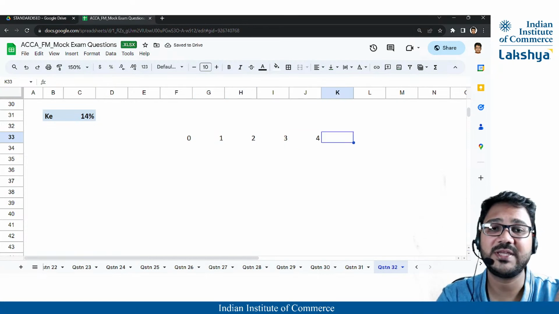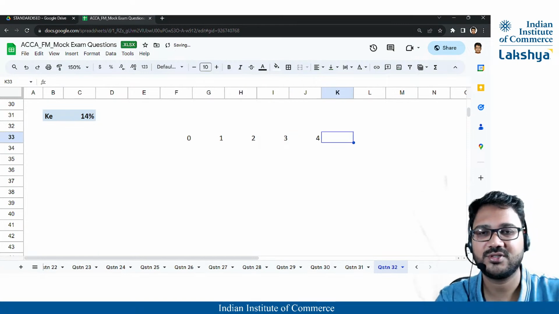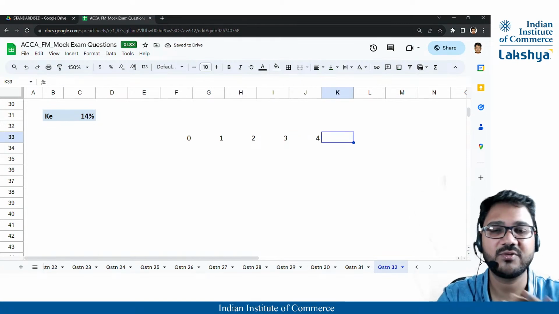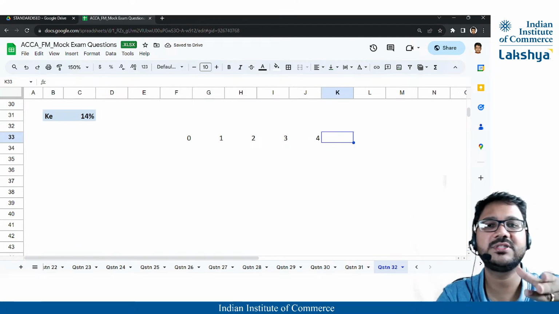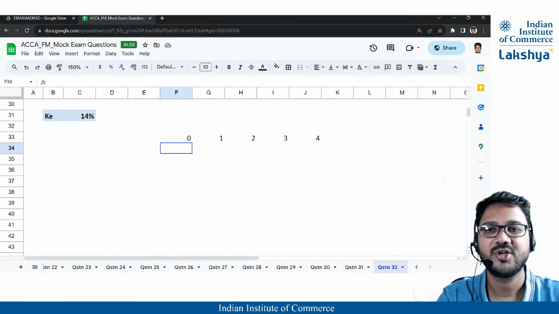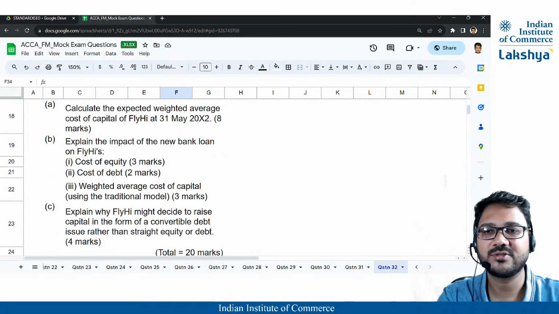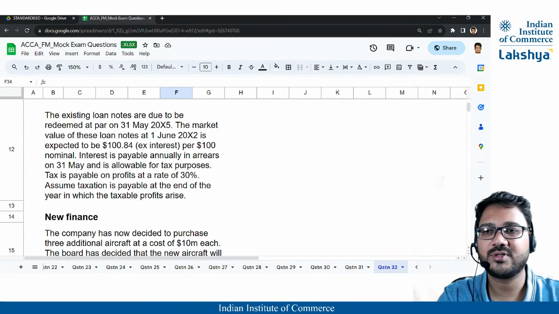However, interest is paid in arrears. That means a 1 year delay. Actually, I'll just show it to you without any delay, how we would normally do it and how this changes. So in year 0, we would receive $100.84.